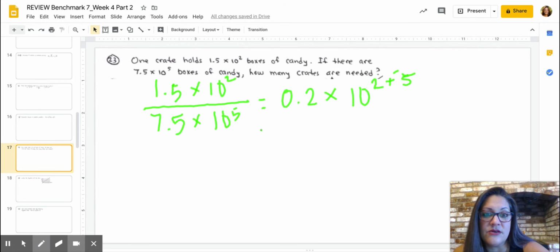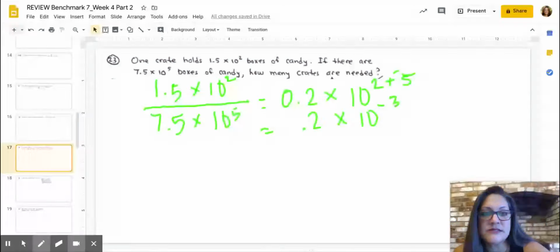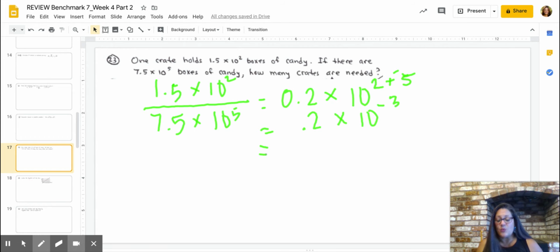So equals 0.2 times 10. 2 plus negative 5 is going to be right here. Well, this 0.2 is not between 1 and 10, so I know that I need to move that decimal.